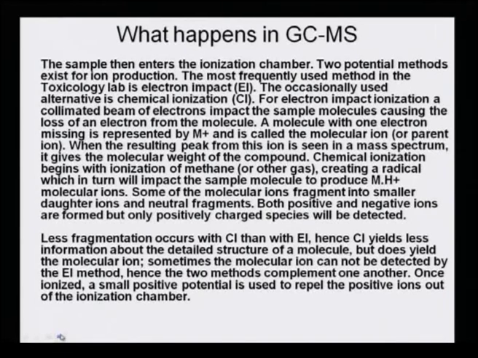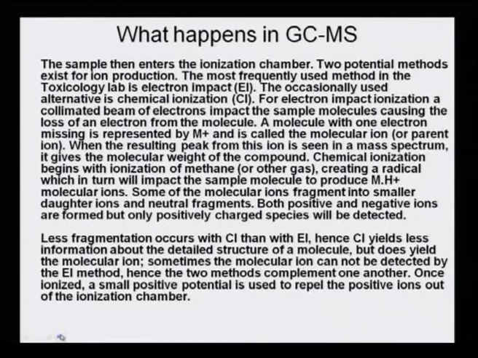For electron impact ionization, in abbreviation we call it the EI method, a collimated beam of electrons impacts the sample molecules, causing loss of an electron from the molecule. A molecule with 1 electron missing is represented by M plus dot and is called the molecular ion or the parent ion. When the resulting peak from this ion is seen in a mass spectrum, it gives an idea about the molecular weight of the compound.